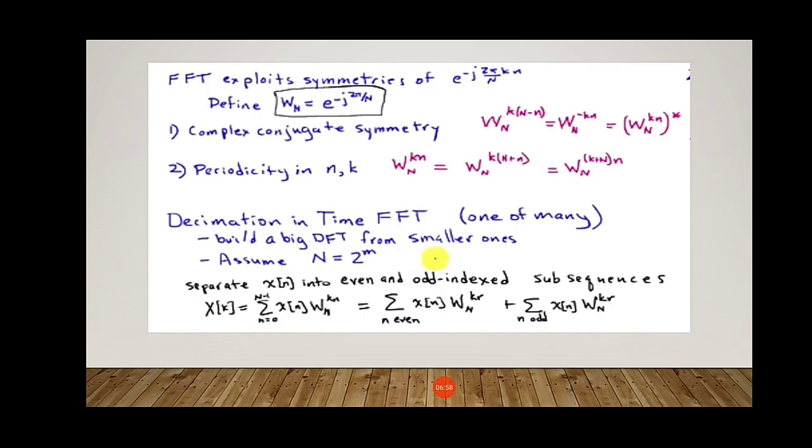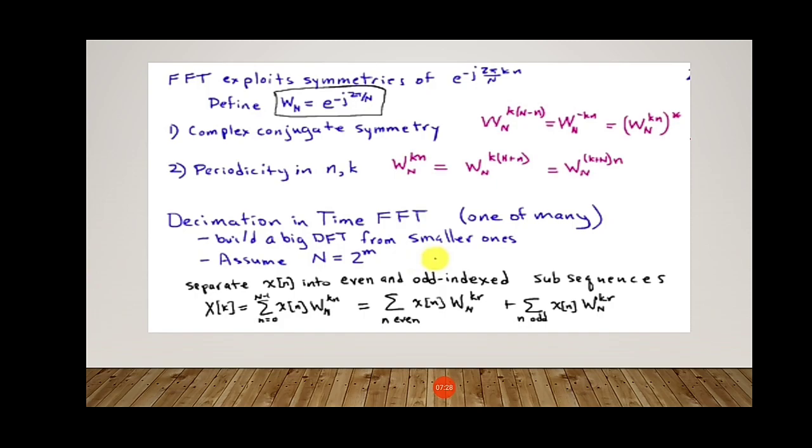W_N^kn can be written as W_N to the power k into (capital N plus n), or W_N to the power (k plus N) into small n. If we expand it and put it in terms of e to the power minus j 2 pi by N, we will see that this periodicity property holds true.